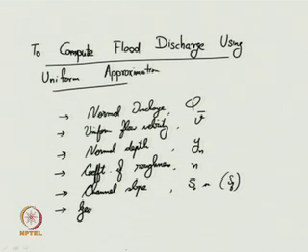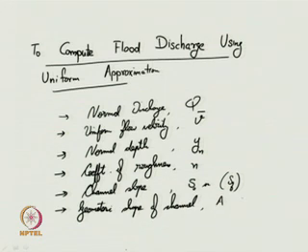The geometric shape of the channel gives rise to cross sectional area A, hydraulic radius R, etc. So, these 6 quantities are related in Manning's equation for uniform flow computation.